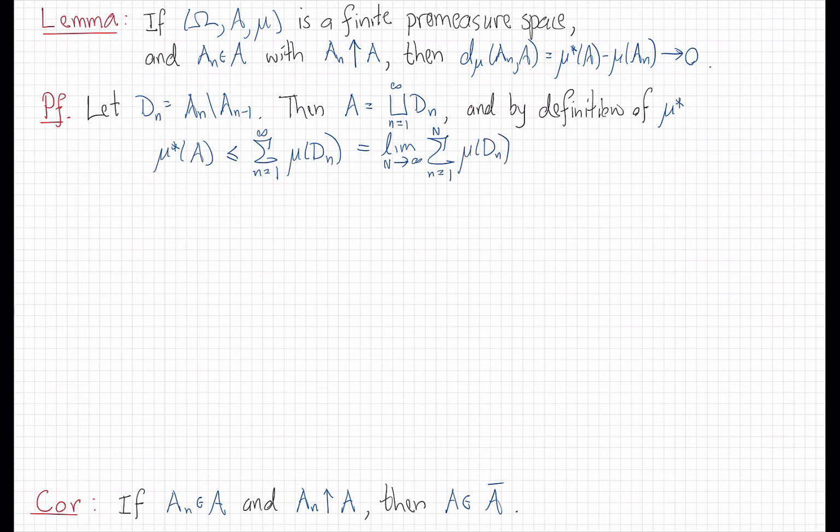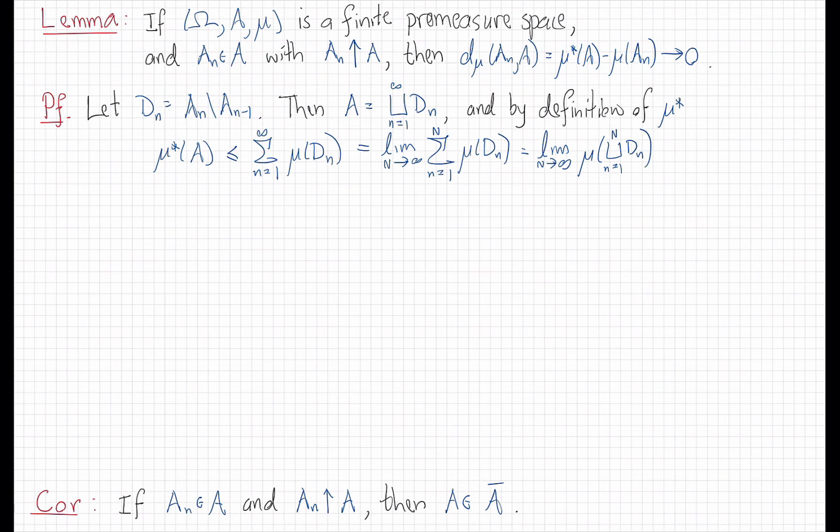Playing the same game we did in the last lecture, we used the fact that the dn's are disjoint and that mu is a finitely additive measure on the field A. That means we can write that sum instead as mu of the disjoint union of the first capital N d's.